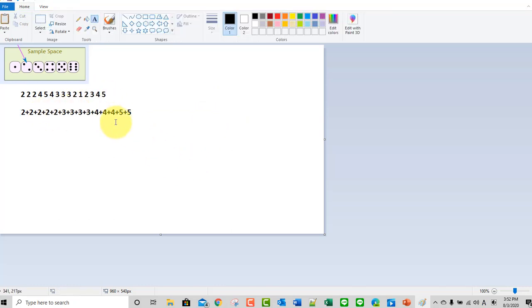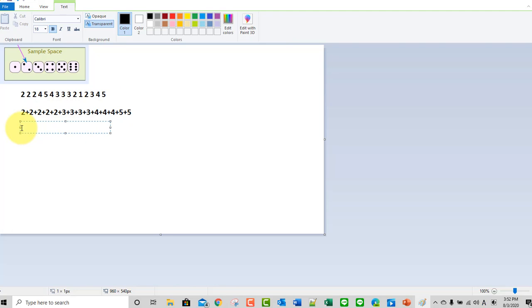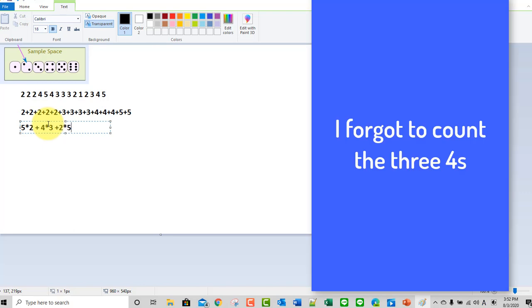In this case, I can count up the number of each. Let's say how many 1's do I have first? I have 0. Then how many 2's? 5 2's. So 5 times 2, plus 4 times 3, because I have 4 3's, plus how many 5's? 2 5's, so plus 2 times 5.